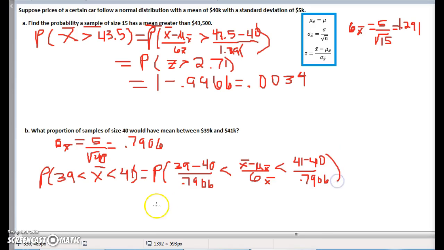So plugging these all in the calculator, we're going to have the probability that negative 1.265 is less than z, and then on the other side it's going to be symmetric.